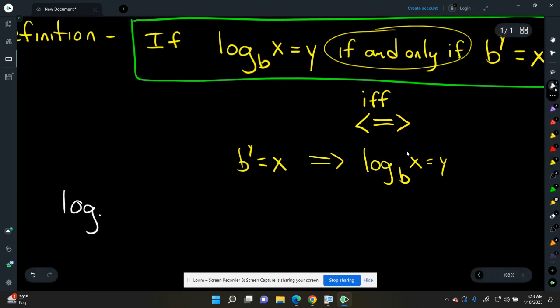Here's an example of a logarithm. Log base 3 of 9. Okay, notice how I said it. We have to say it like that. Don't read that as log 3 9. It's log base 3 of 9, right? The base is on the bottom, right? That 3 is down the bottom. Log base 3 of 9 equals 2.